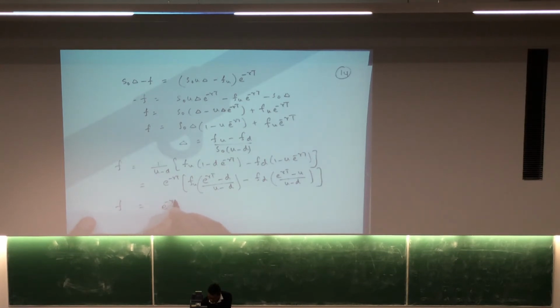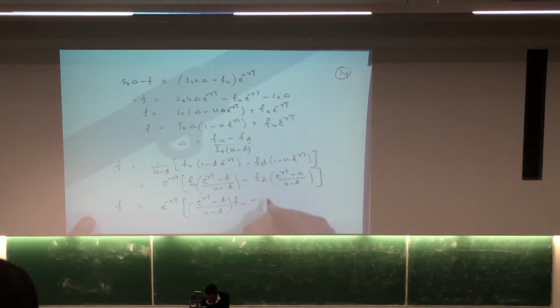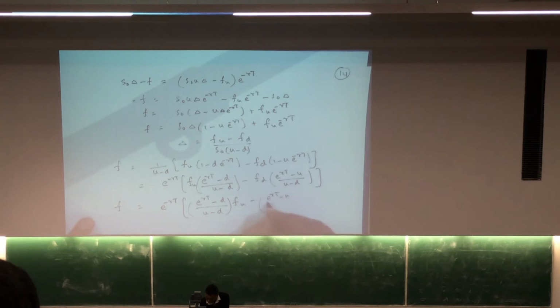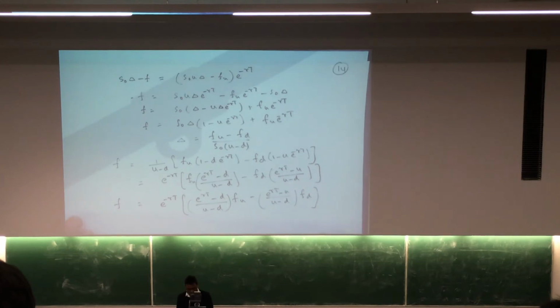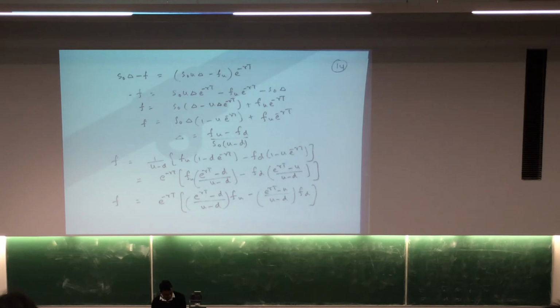This is e power minus RT, and by simple manipulation you can write this as e power RT minus D times Fu minus e power RT minus U minus D times Fd. Now the important thing you should understand is the following.